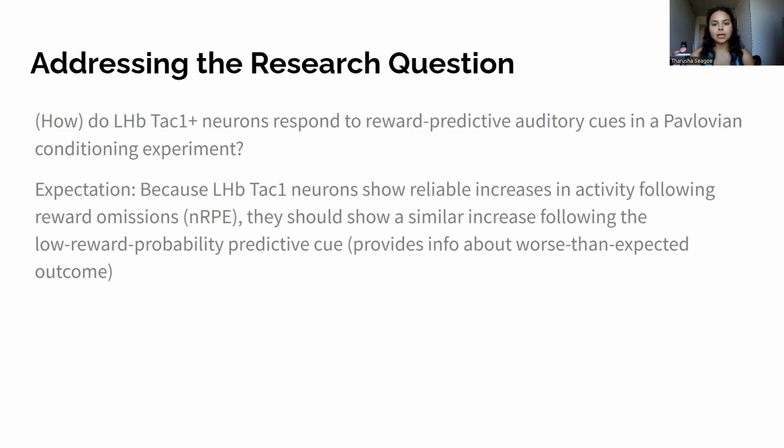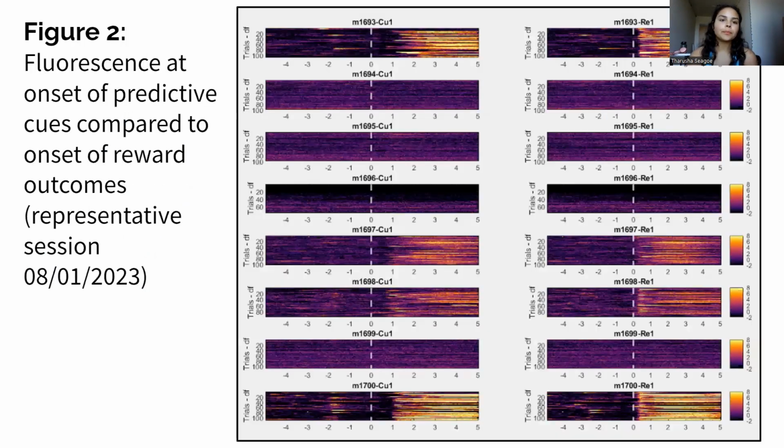We expected, because we've seen them respond to reward omissions, which are a form of negative reward prediction error, that we should see a similar increase in activity following the low reward probability predictive cue, because it's essentially updating them that they have a really low shot at getting a reward, which could be considered a worse than expected outcome.